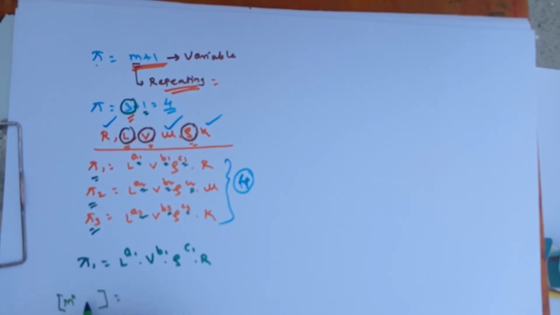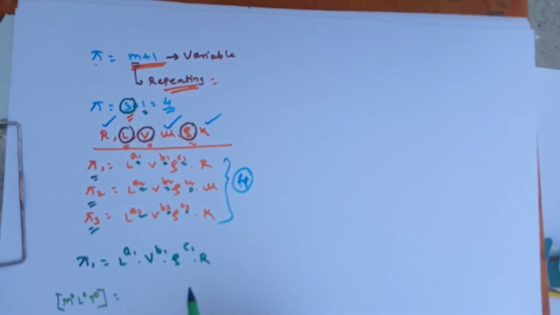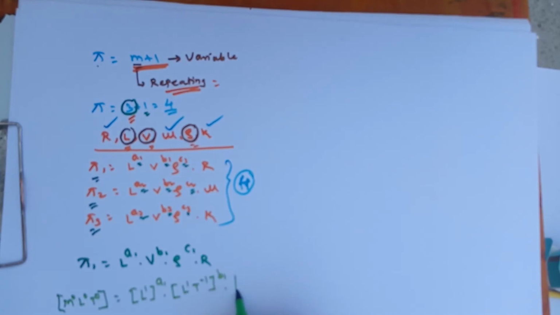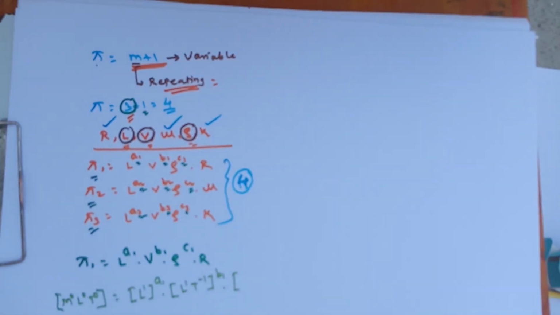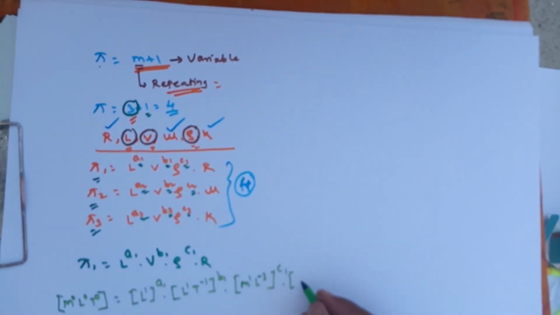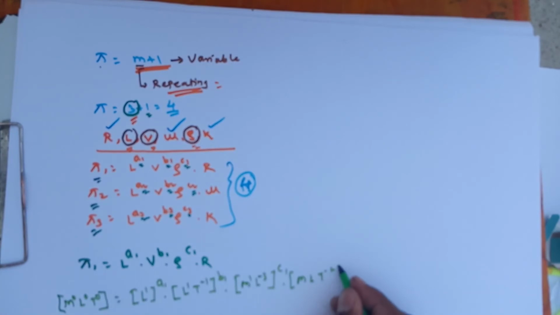Dimensionless term means the dimensions of each pi term will be m raised to 0, l raised to 0, t raised to 0, is equal to the dimension of l raised to 1, raised to a1; the dimension of v is nothing but meter per second, l raised to 1, t raised to minus 1, raised to b1; the dimension of rho is nothing but kg per meter cube, that is m raised to 1, l raised to minus 3, raised to c1; and the dimensions of r are nothing but m l t raised to minus 2.